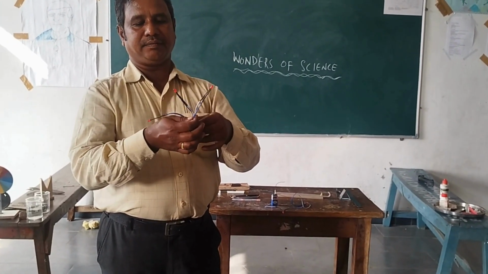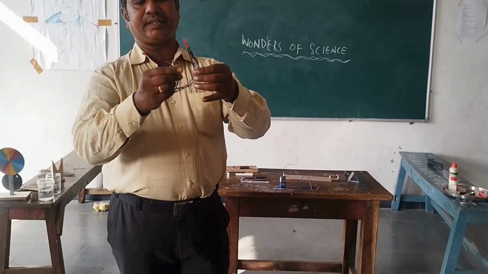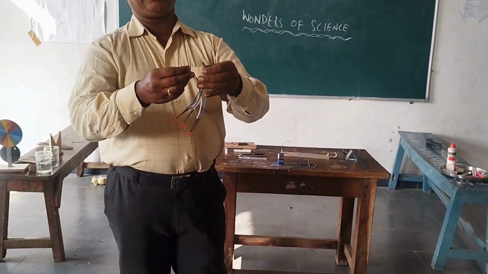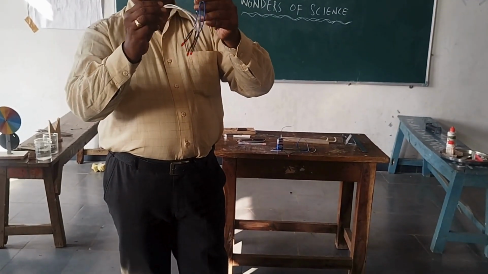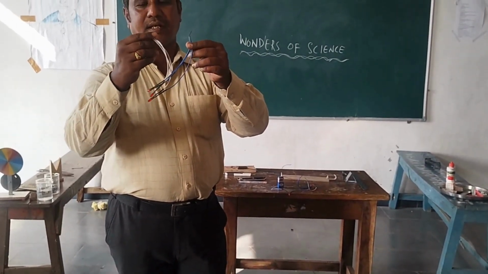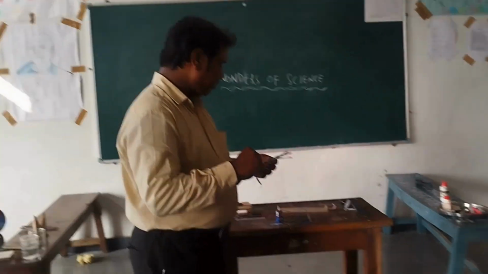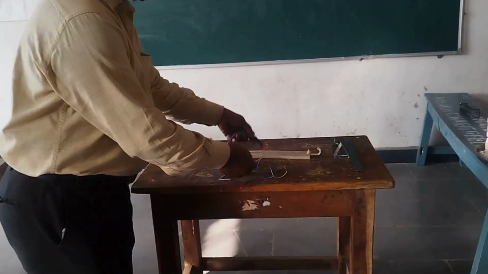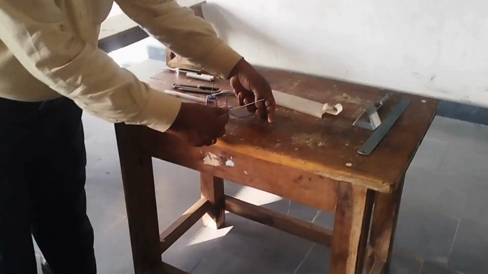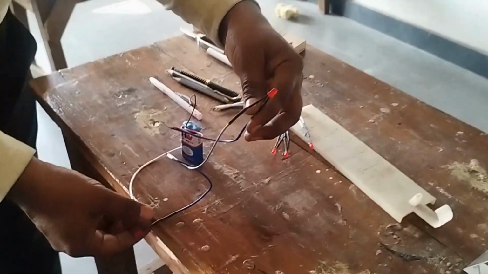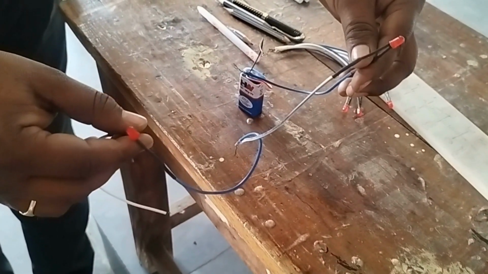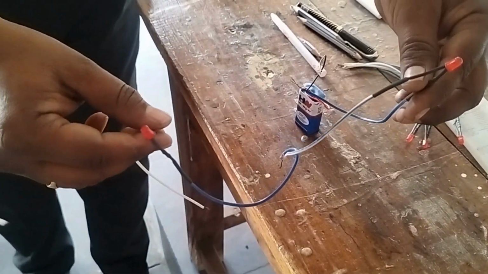Now, what I have done is I have taken 3 LEDs. I have joined all the positive terminals on one side, all the negative terminals on one side. This is called parallel connection. Now, if I connect the negative terminal of one LED to the positive terminal of another, this is called series connection of the LEDs.